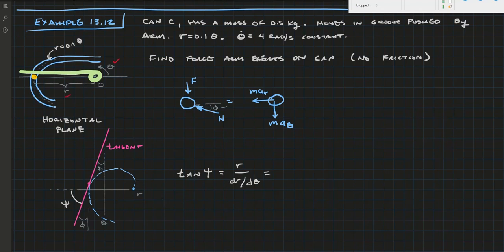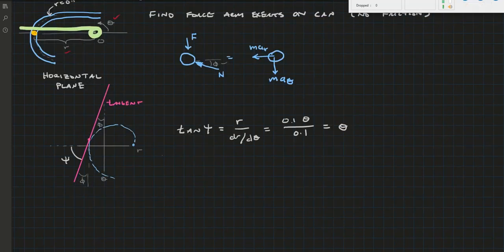So we have a function for r equals 0.1θ, so 0.1θ divided by the derivative of that with respect to θ, which is 0.1, so 0.1 over 1 is θ. So this is just θ. Now we're looking at a situation where θ goes from 0 to π here.